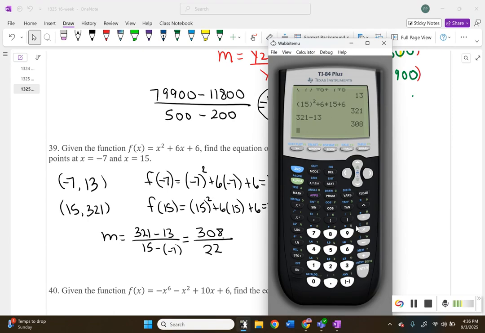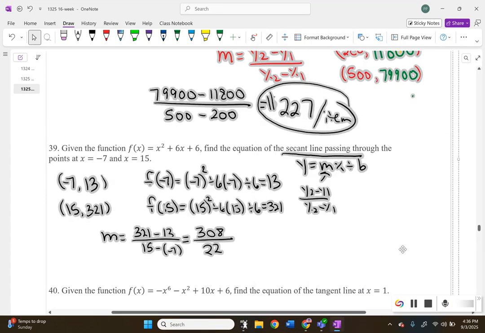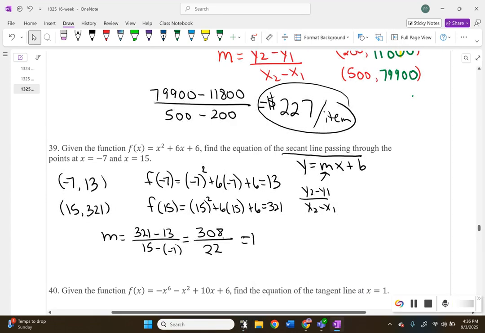And we'll see what that gives us. 308 divided by 22 is 14. So that's my slope. And so right now I have y equals 14x plus b.